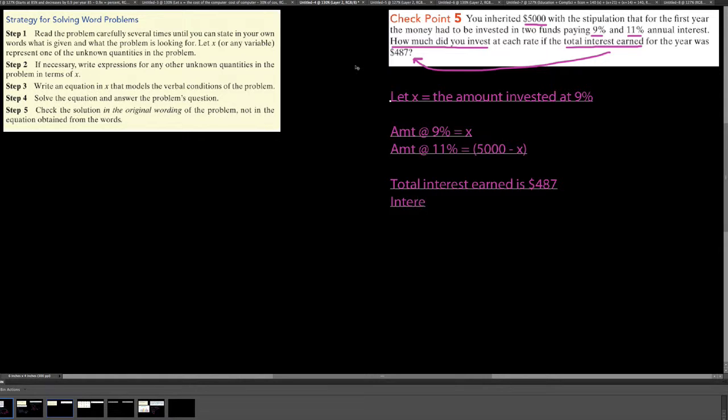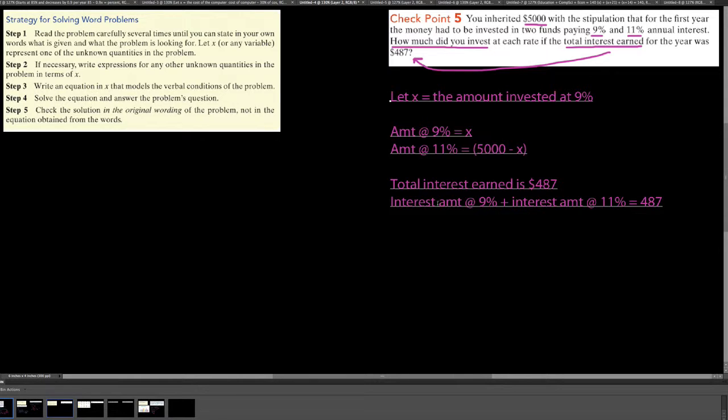So the interest on the amount at 9% plus the interest on the amount at 11% is equal to $487. All we need to do now is come up with an equation in terms of x that would represent this statement.